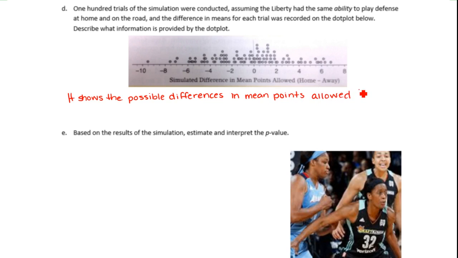And make sure you put how you're subtracting. So this would be home minus away.